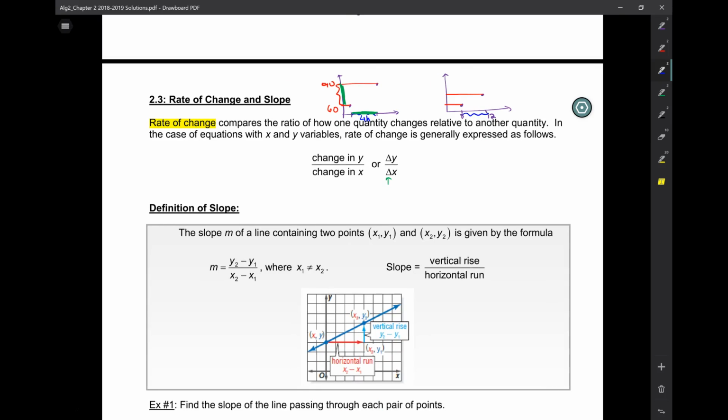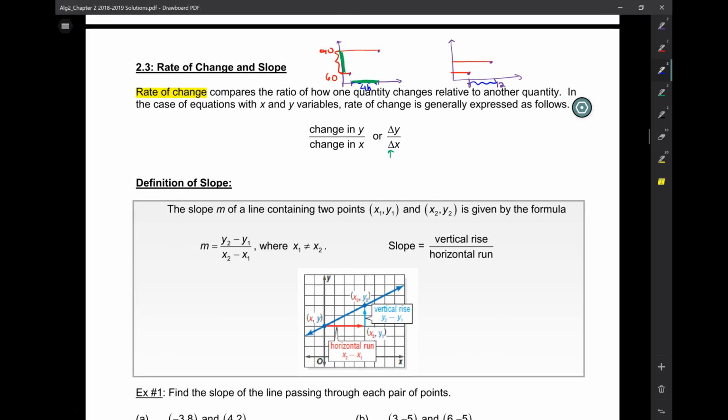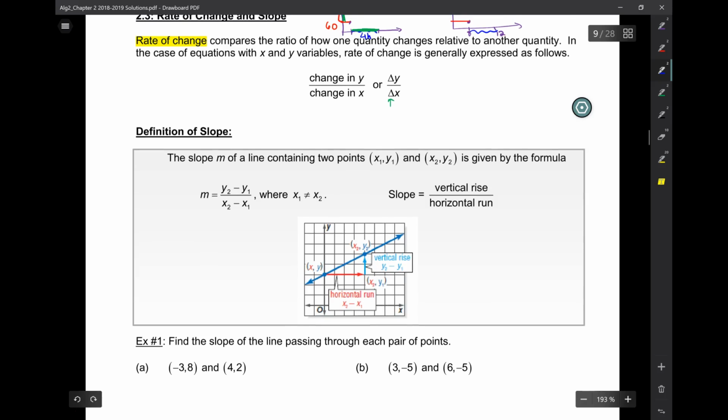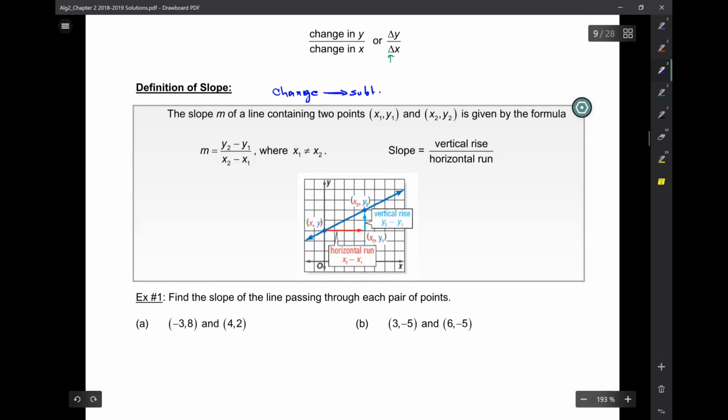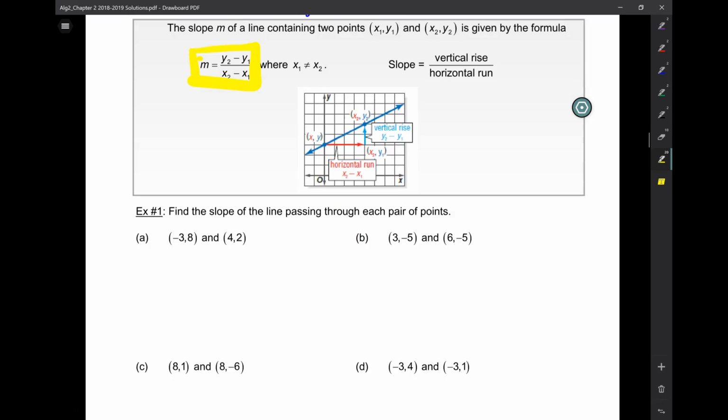So the way we figure out the change is by subtracting, all right? So change is calculated by subtracting. All right, and so this formula you've seen like a million times in your life, right? M is y2 minus y1 over x2 minus x1. So it's important that it's the change in the y over the change in the x, all right?